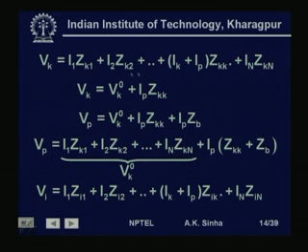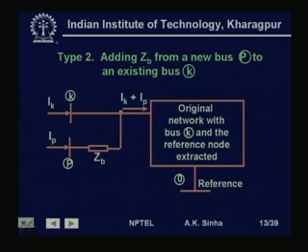That is what we are seeing here, that from the previous value that we had, where Ip was not injected, the changed Vk is equal to the previous voltage at that bus plus Ip into Zkk. Ip into Zkk is what is getting added, or delta V at bus K. Similarly, for bus P, if we want to find out the voltage, what will be the voltage?